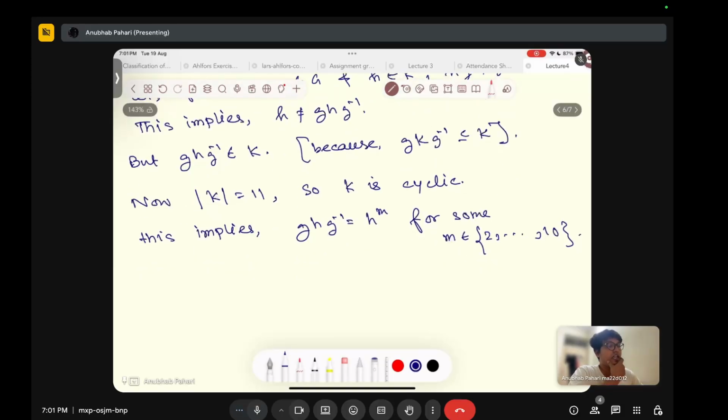Because h belongs to K and K has prime order, so every non-trivial element of K is a generator of K, right? We have used this in one of our earlier problems. So this implies this, right? Because this belongs to K, so it is a power of h.